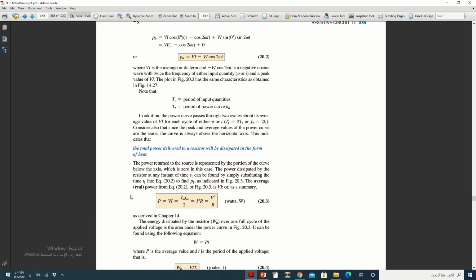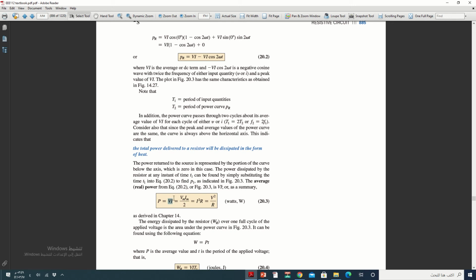Average power, real power and active power all mean the same thing, which is V multiplied by I. We can write it as V peak multiplied by I peak divided by 2, or I square multiplied by R, or V square divided by R. This V and I are RMS.